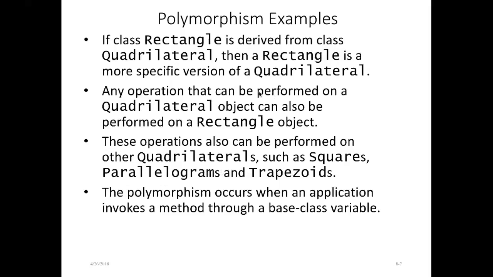Let us consider a rectangle as a derived class of a quadrilateral. For instance, we have a quadrilateral class. This is the base class, and a rectangle is a child class.